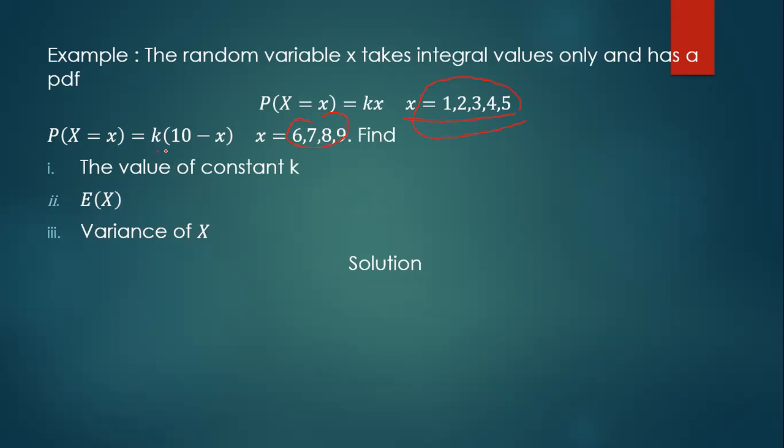So they have different functions. But for 1 up to 5, we are going to substitute into kx. Then for 6 to 9, we are going to substitute k into 10 minus x. Yes. But that one is better done when we are using a table.